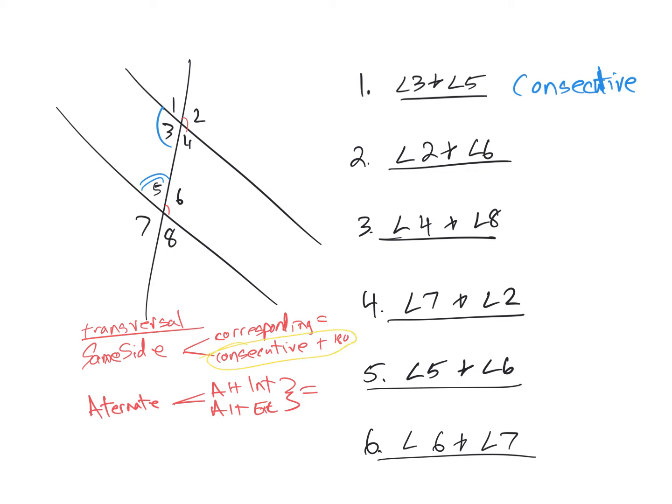So all you're really looking for is to understand if they're equal or if they're consecutive. Okay, so you have two possibilities to choose from when you start the problem. You should be looking at the transversal every time. So angles 2 and 6 are on the same side of the transversal. So it's either corresponding or consecutive. So since they're both obtuse, they have to be the same values. So this is corresponding.